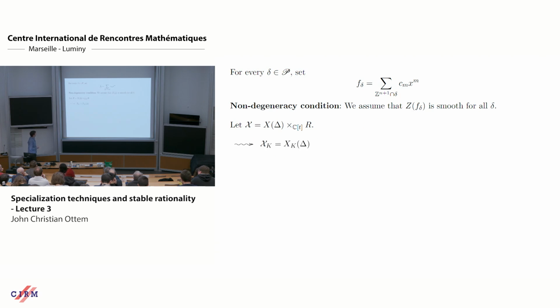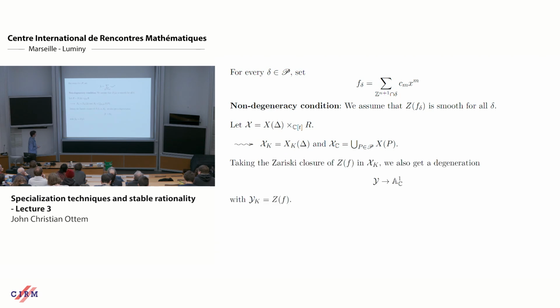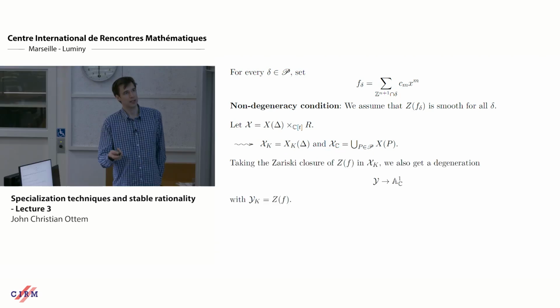So if we base change to our discrete valuation ring, we get a family over spec R, and a corresponding degeneration of the hypersurface F over spec R. Sorry, this should be spec R.